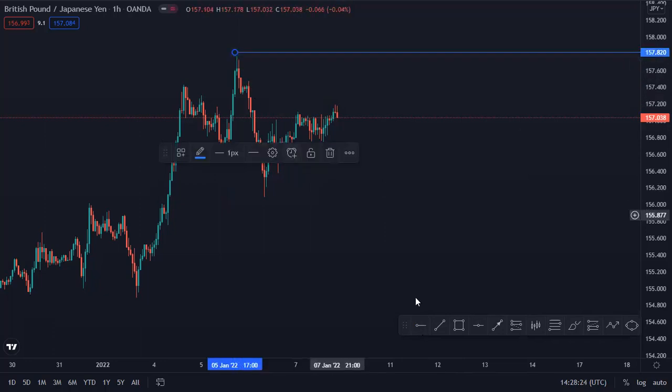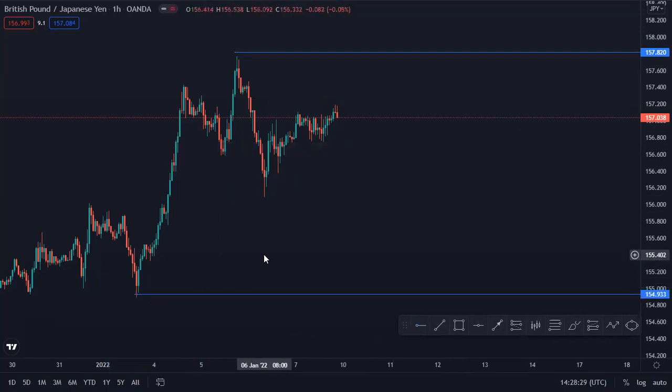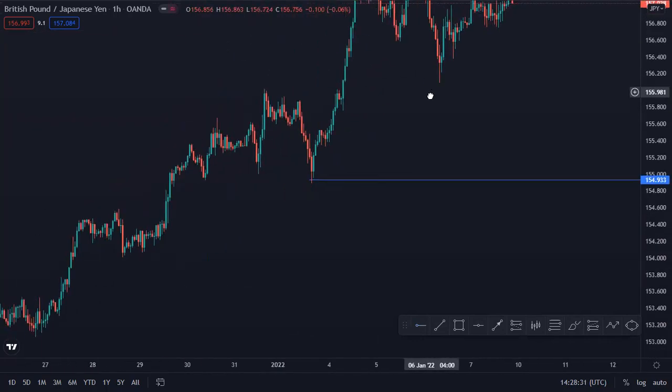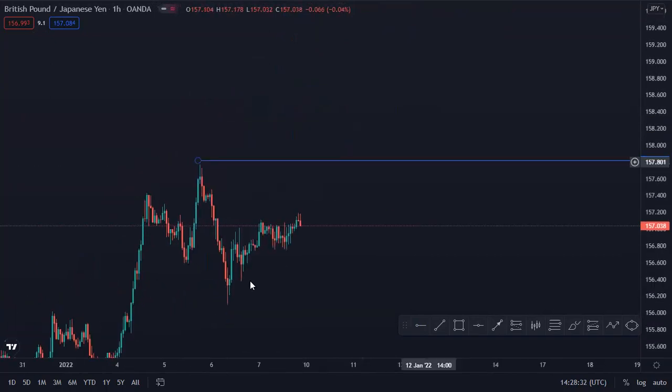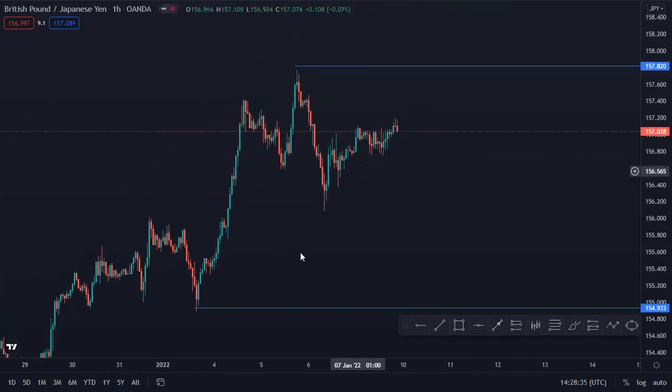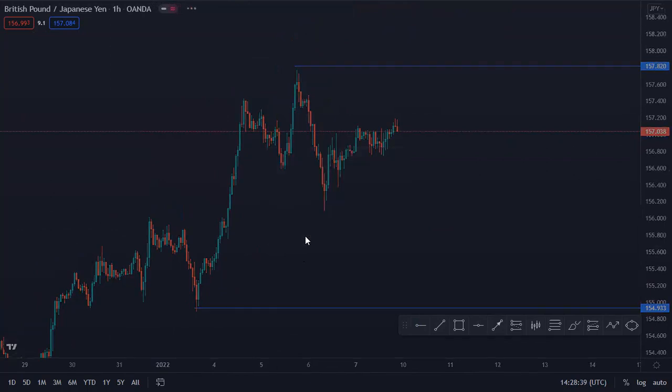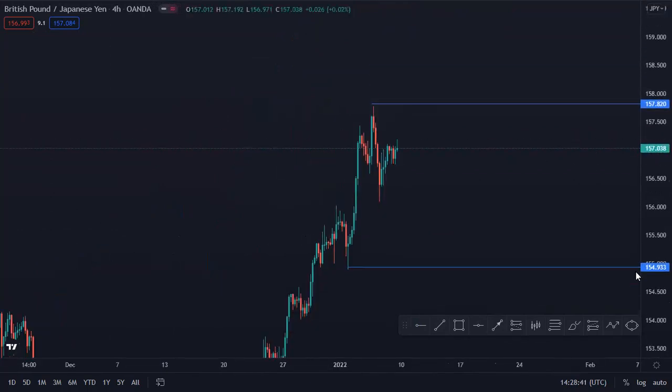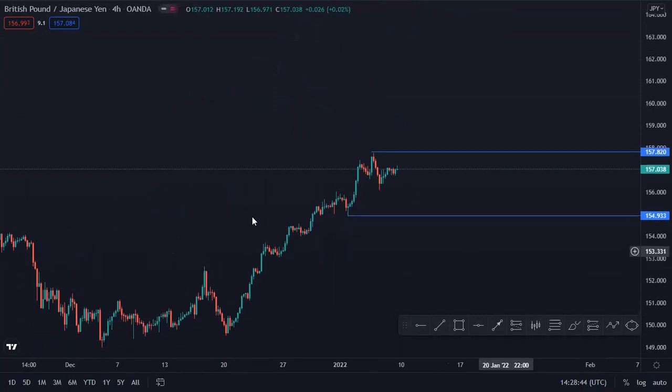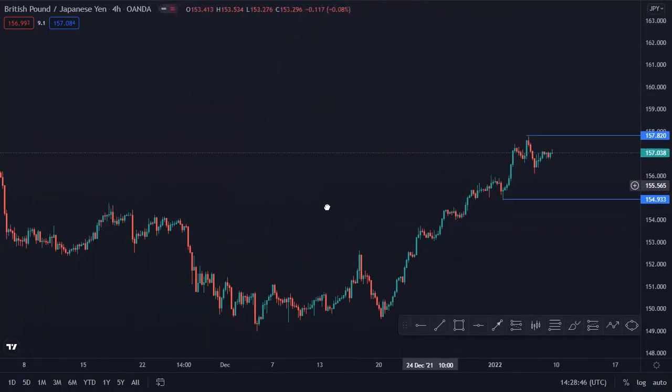We have our highest high, lowest low. Or it might not be the lowest low, but it's our low. I like to focus on what the market is doing currently, but we can go to H4 just to see the whole thing.